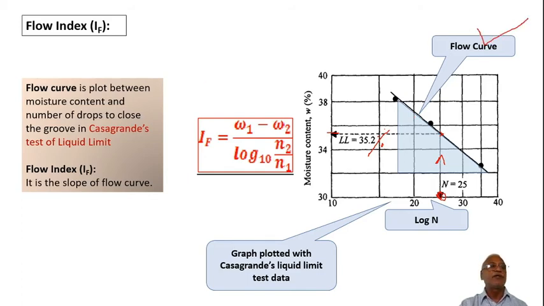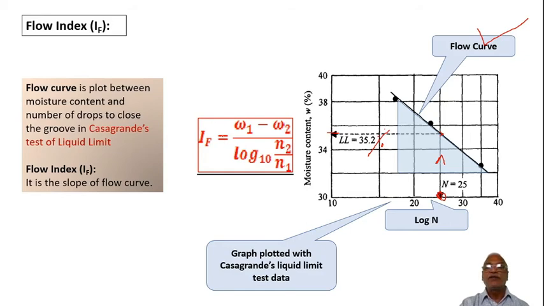Please make a note. What is meant by flow curve? It is nothing but the curve that we get in Casagrande's liquid limit test. Now, what is flow index, IF? It is simply the slope of the flow curve. You take any 2 points on the curve, make a triangle, and y by x will give you the slope of the curve, and that is nothing but IF.